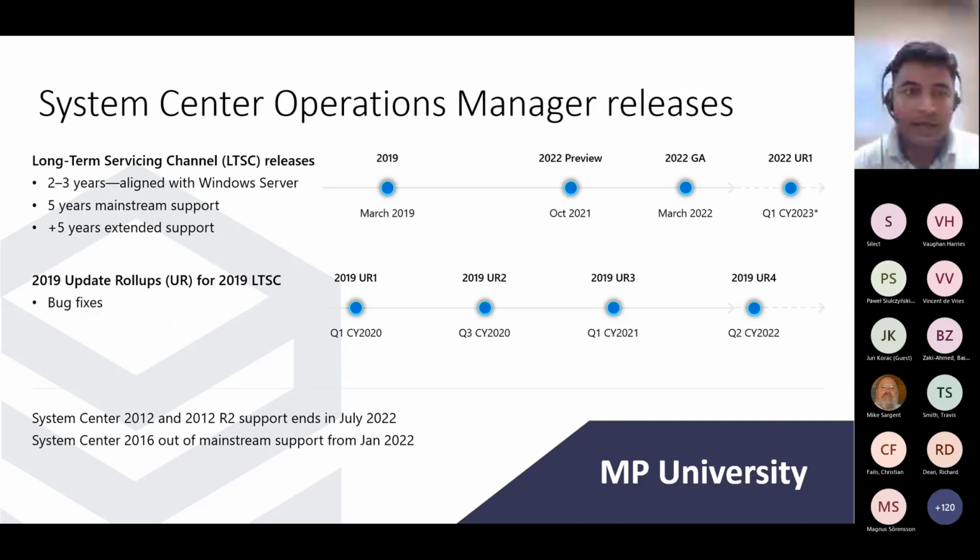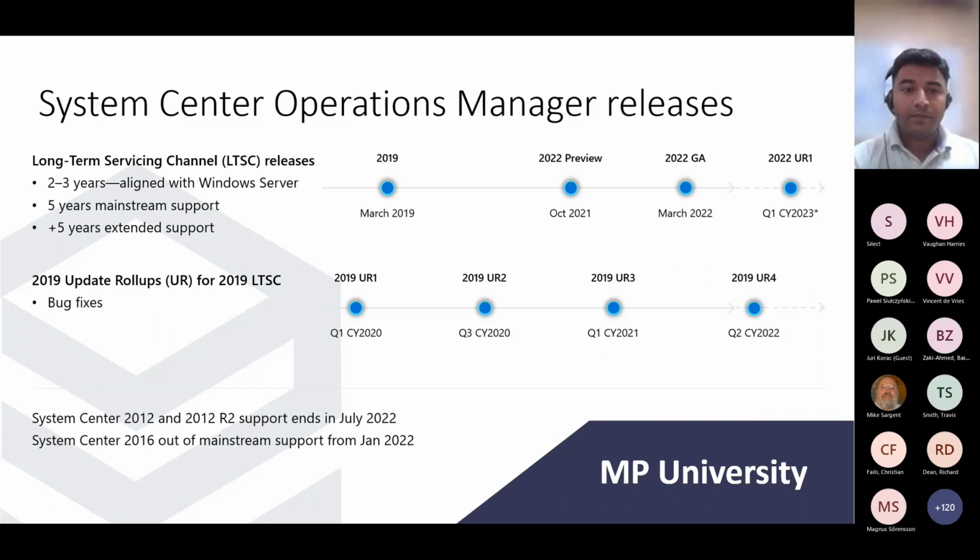One is 2019, and the other is the existing 2022, which has been released. SCOM 2022 was GA in April, and we will have a UR1 releasing later this year. For 2019, we have planned an update rollup, hopefully out in a week's time, which will include a lot of servicing, bug fixes, and minor enhancements on the UI.